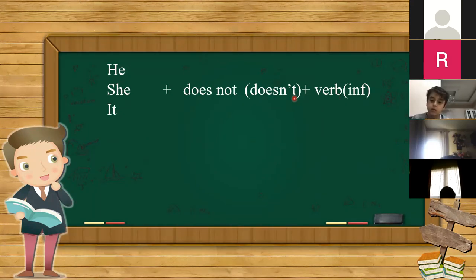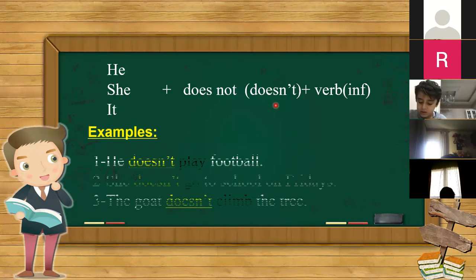But here, when we use doesn't, remember this carefully. When we use doesn't, we cross s or es or ies from the verb because doesn't don't like the s or es or ies. Yes, excellent, Anna. He doesn't play.